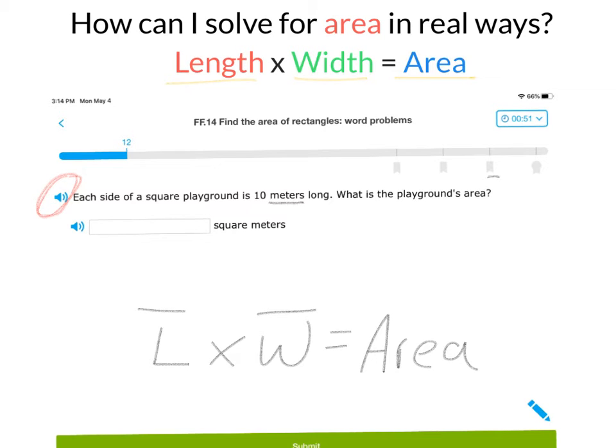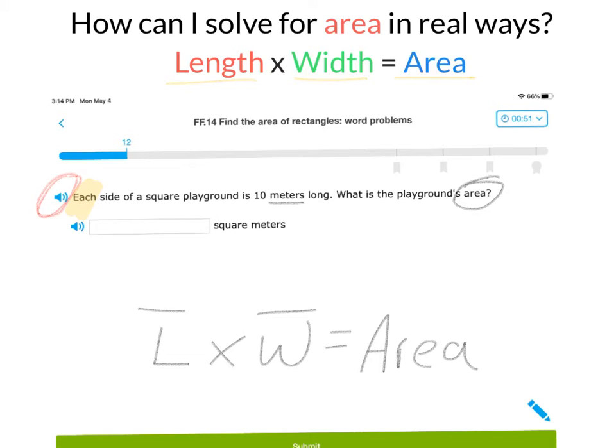Well, I see the word area, but I don't see the words wide or tall or length. That's because this word right here is listed, each. Each means every single one.